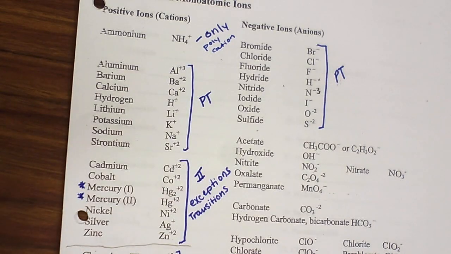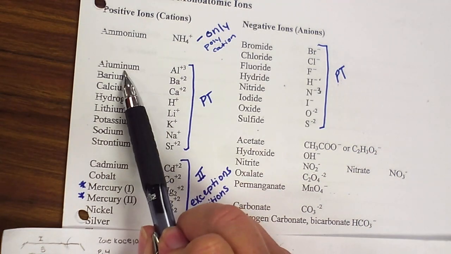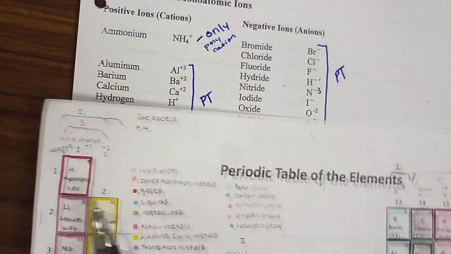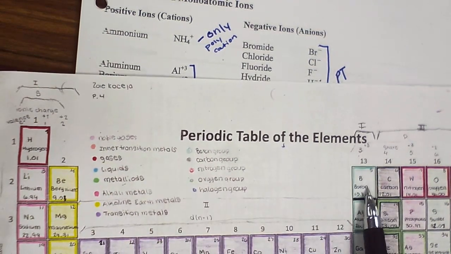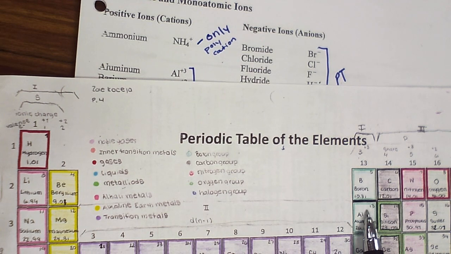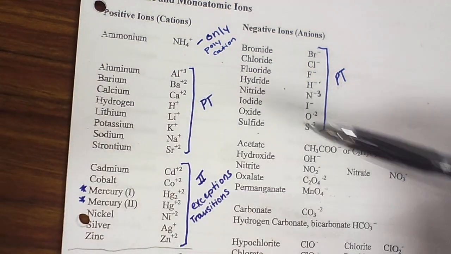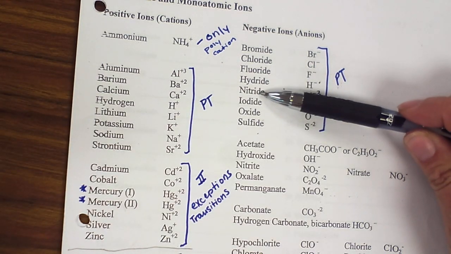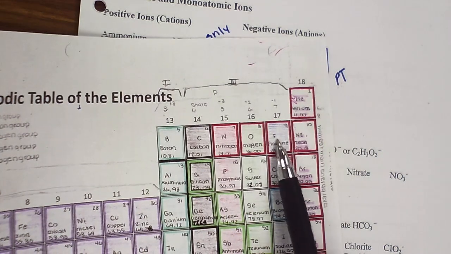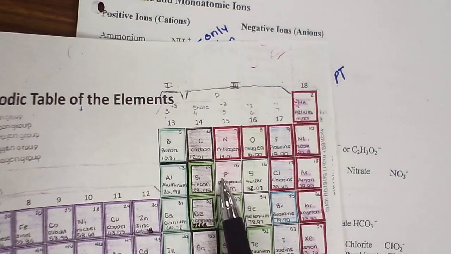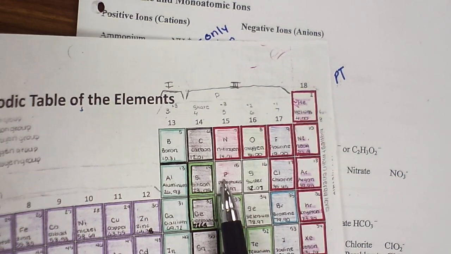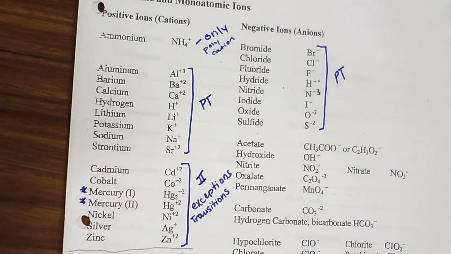That's what the charges are. So if I look at aluminum, it's aluminum +3, that is +1, +2, +3, aluminum. If I look at, for example, nitrogen, -1, -2, -3. I don't have to memorize these.